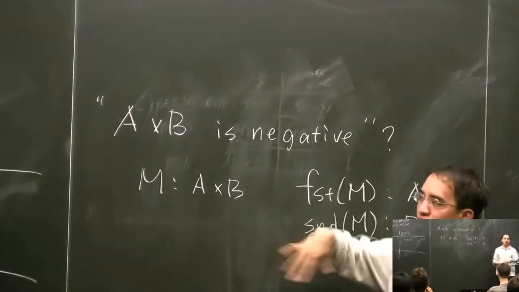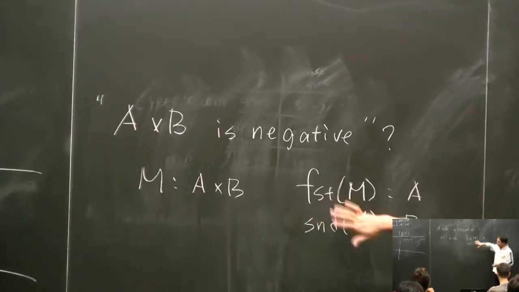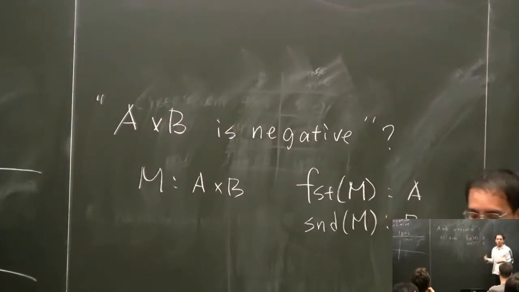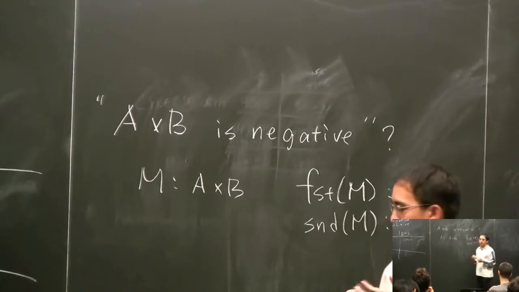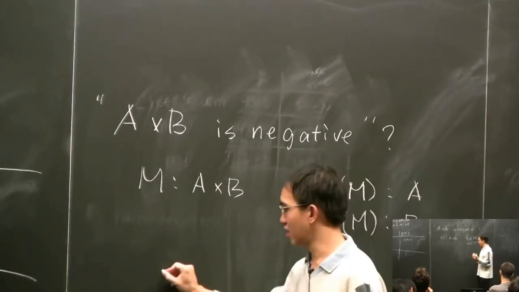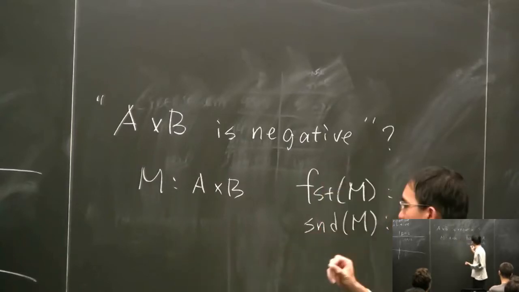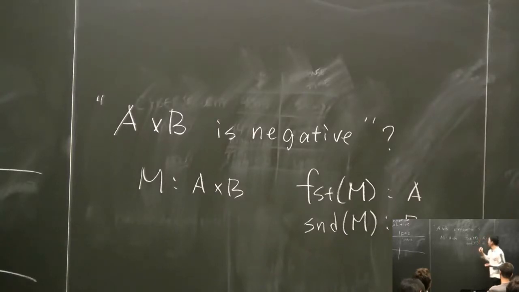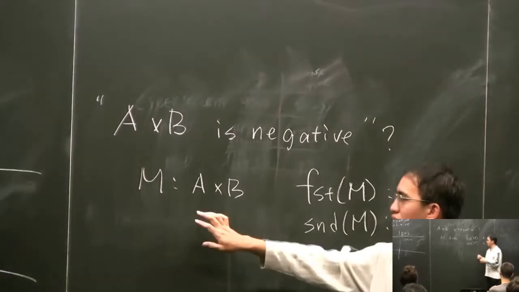So I will claim that if you think of a product type in terms of the usage of that type, then by harmony, you are forced to have an introduction rule like this. Let me think about it. Okay, this is the better way to say it.